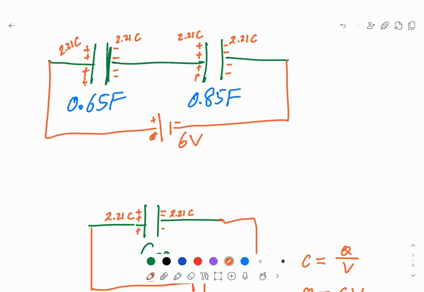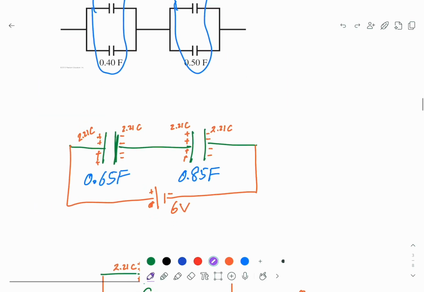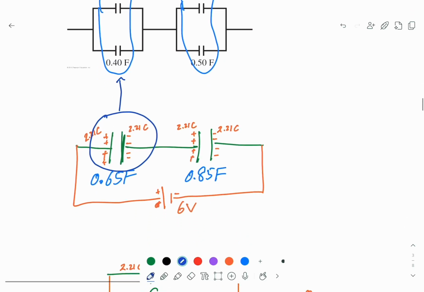And also you can see, if you consider this one here, they are neutral, because one is positive, one is negative. Now remember, this capacitor is the equivalent of 2 capacitors. And now we have to find what is the potential across this capacitor first.